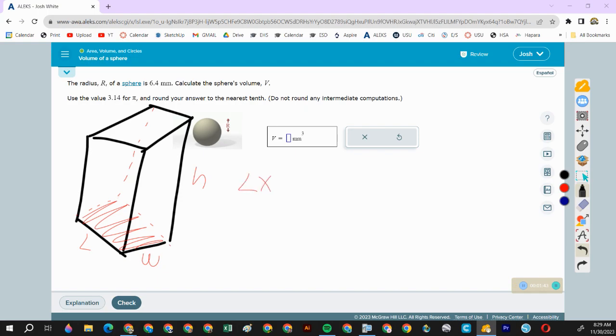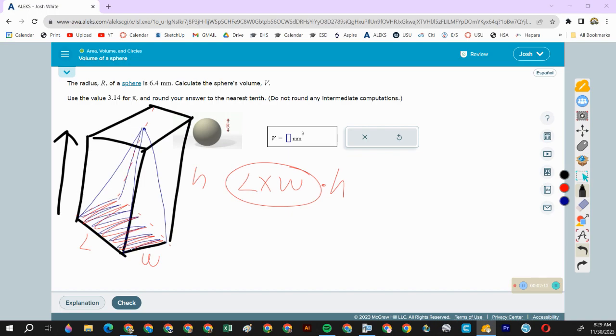So length times width is the base, and then we just multiply that by the height. Okay? But what if I built a pyramid inside of that? So let's see if I can draw this. So let's say a pyramid touches there, and it connects there, and there, and there, and there. So the base of the pyramid is still the same.